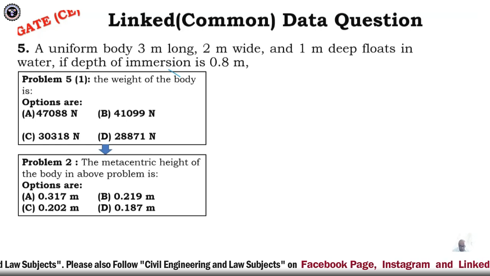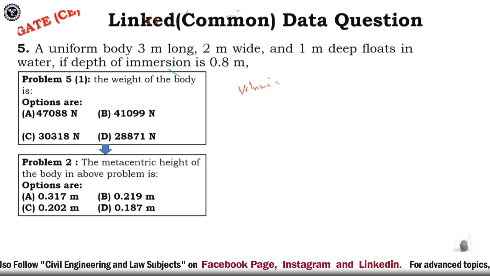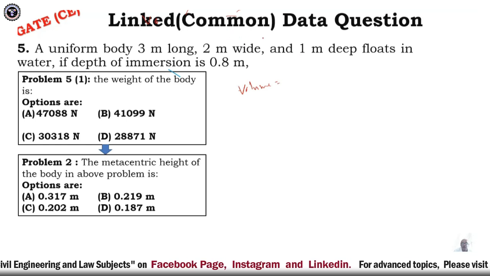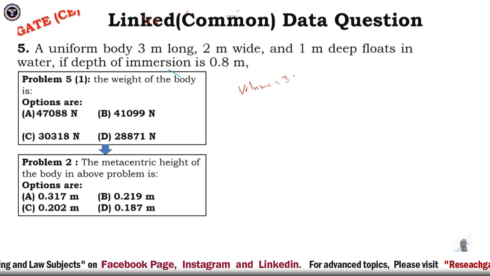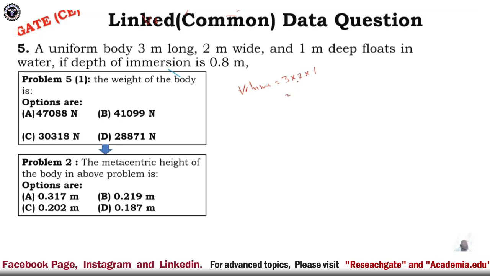First of all, find the volume. The volume of the body is 3 into 2 into 1, which is equal to 6 meter cube.